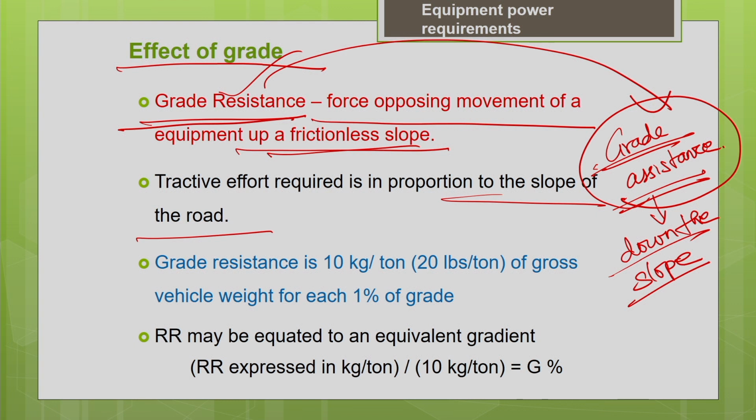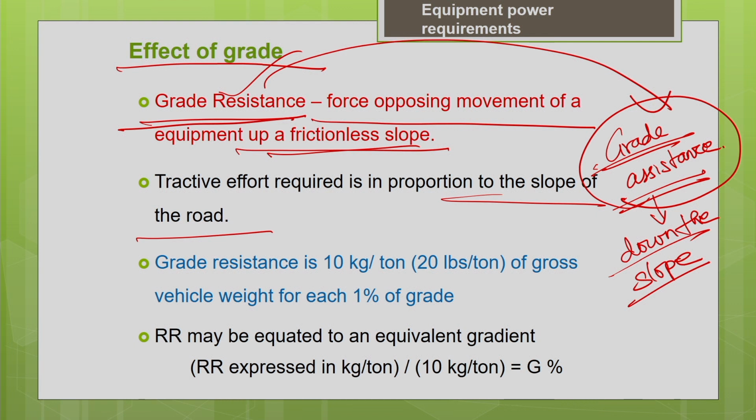Now let us look into the grade resistance. As I told you, the amount of tractive effort needed to overcome the grade resistance will depend upon the gradient percentage, or the slope percentage, or the steepness of the slope.